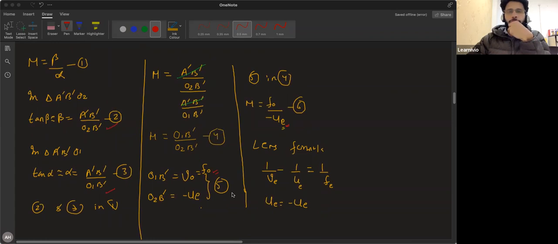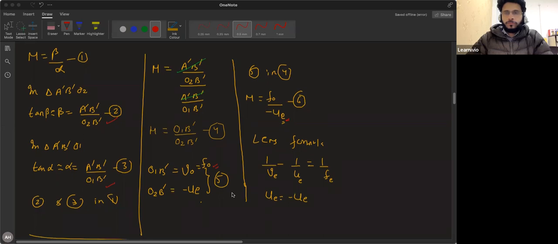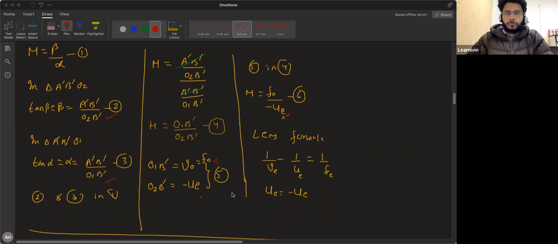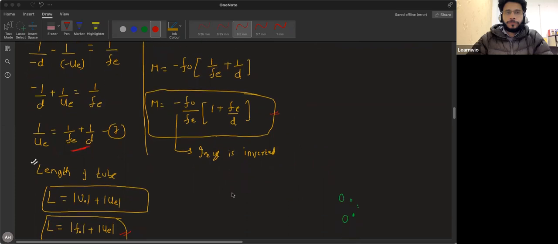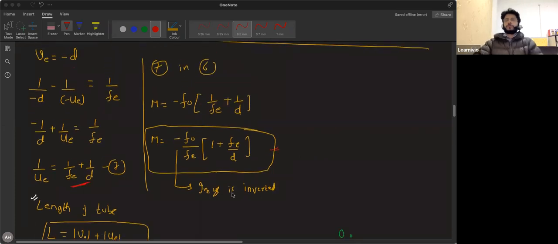Tell me once you have written, I'll scroll. Done, sir. Okay. The derivation for the case when your final image is at infinity is straightforward, just 2 steps and over.